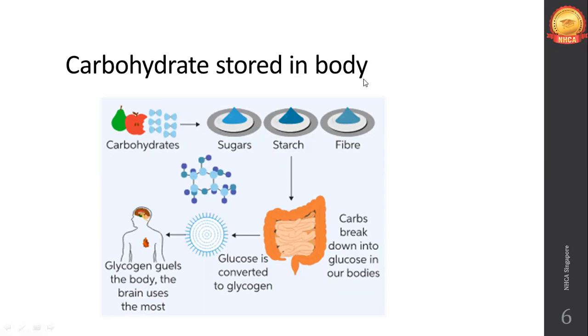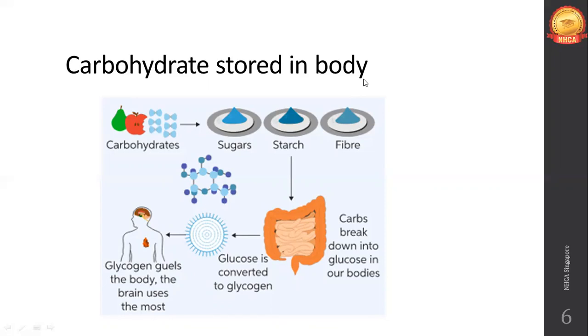So carbohydrate is converted into glucose, and glucose is stored in the form of glycogen in your body, mainly in the liver. And the glycogen stores in the liver can last only up to 5 to 6 months, not more than that.